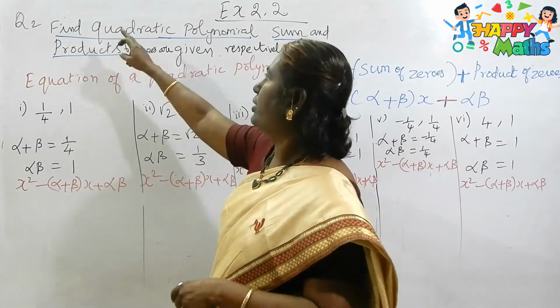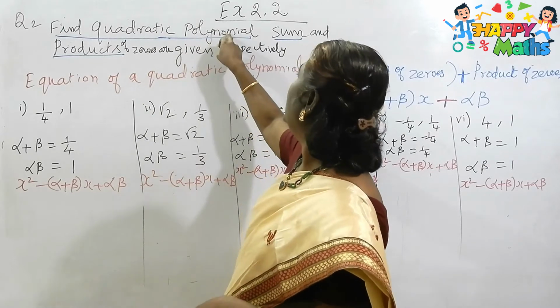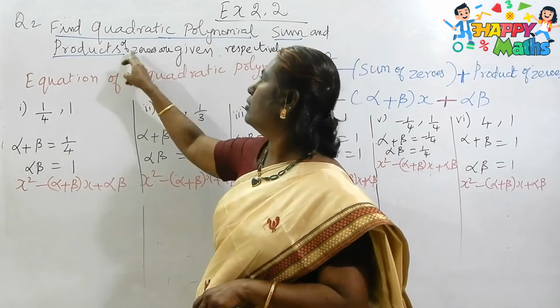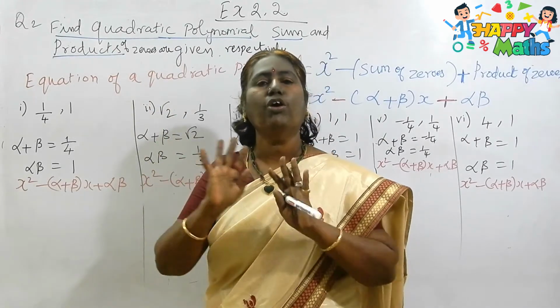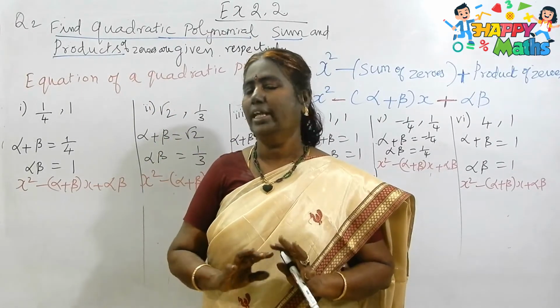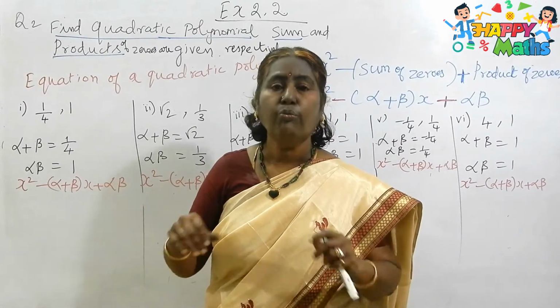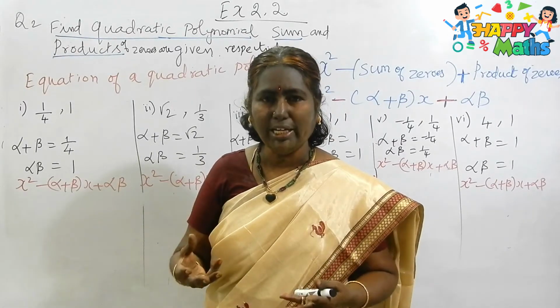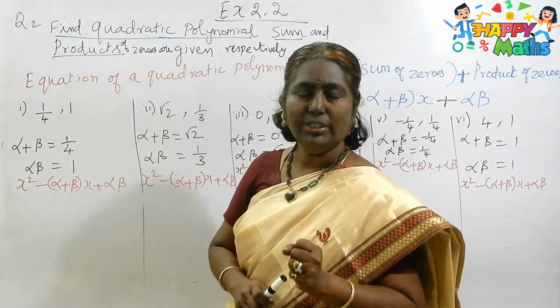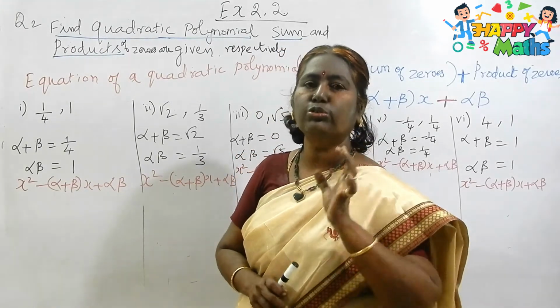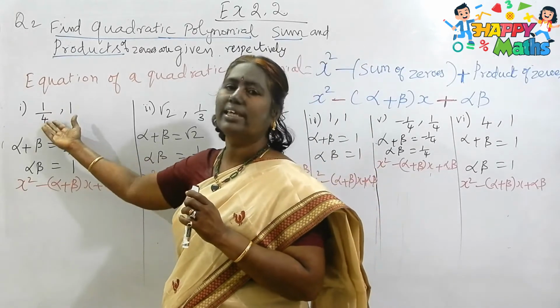Okay. Now see, find the quadratic polynomial, sum and product of zeros are given. They didn't give you the value of alpha and beta. What they have done instead is simplify your work. They added those two roots and they multiplied those two roots, and they have given the answers here.